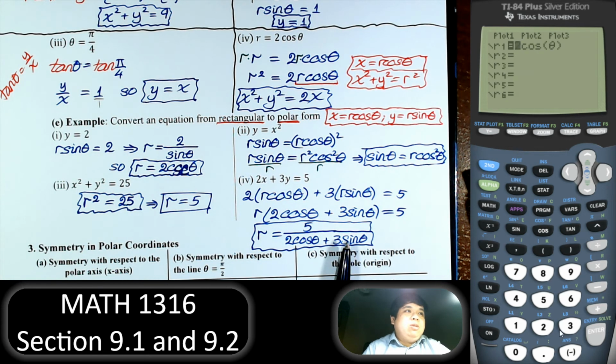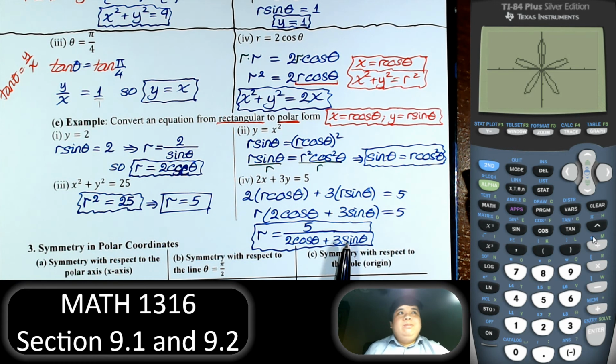If you try something like 2 cosine of 5 theta, we have a flower of 5 petals. If sine, that's also a flower, but rotated a little bit. So of course, when we look at the graph, we can tell the symmetry as well.